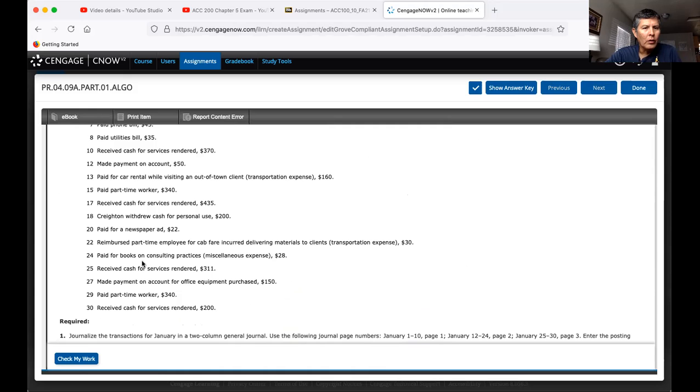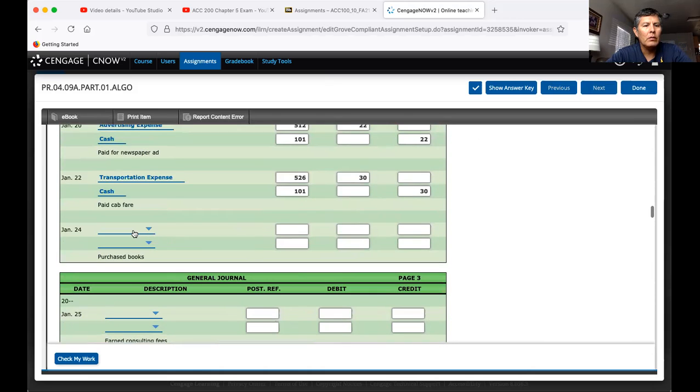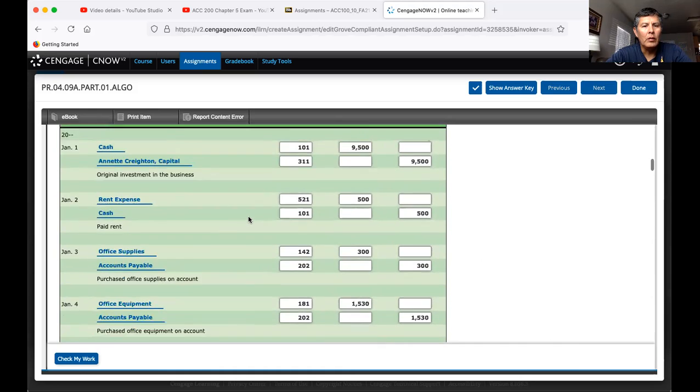Paid for books for consulting practice, miscellaneous expense for the 24th. So we'll go up here, miscellaneous expense. Check the amount again.